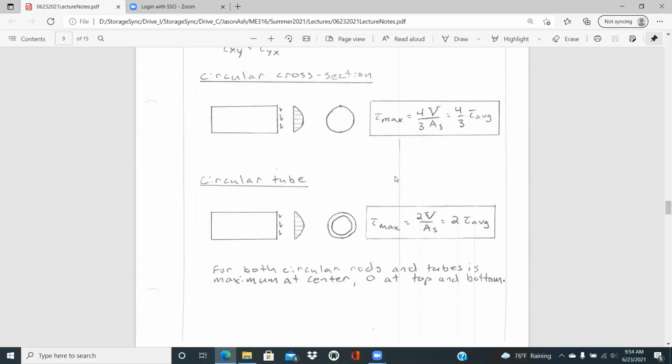But then for a circular tube, it's worse than a rectangular section. It's 2 times greater than the average shear stress. And again, both of these are set up that they would be in a quadratic type manner. And so for both of those, again, it's going to be maximum at the center and 0 at the top and bottom.